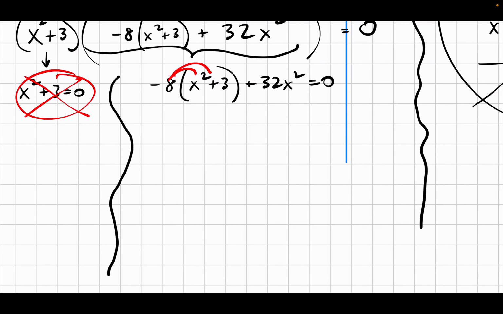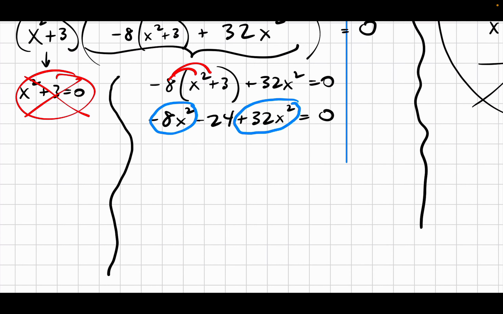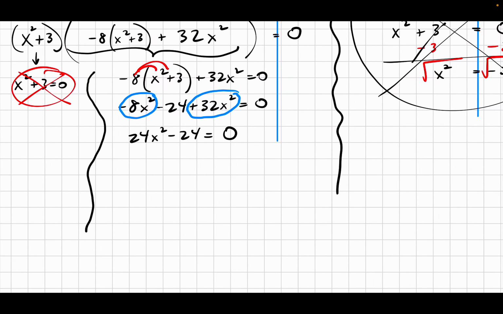Distribute the -8. Combine like terms. I get 24x² minus 24 equals 0. It's got a GCF of 24 because it's a binomial. x² minus 1.